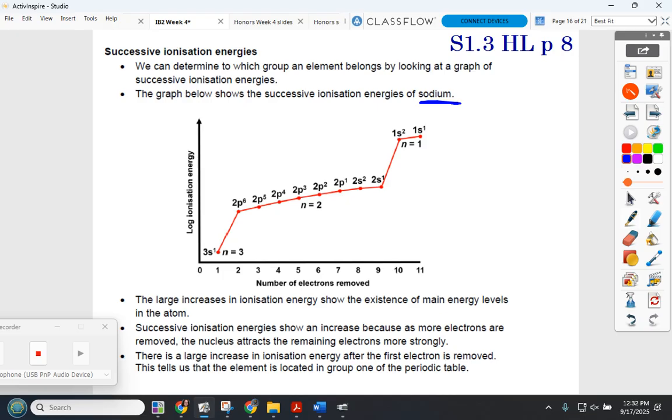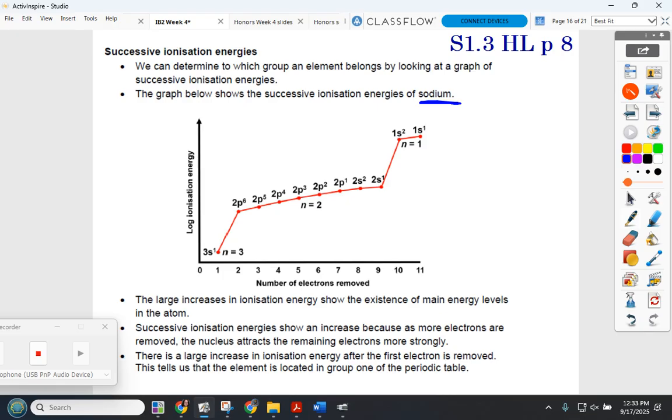Next one, really hard. That usually means it's in group 1, because the first one was easy, and the next one is breaking up the octet. Okay, and then if we go all the way through here, we can see this is losing the next 8 electrons, and then we have another jump, which is breaking up the full shell underneath it. So this is the kind of pattern you're going to look at to figure out what kind of element this is.